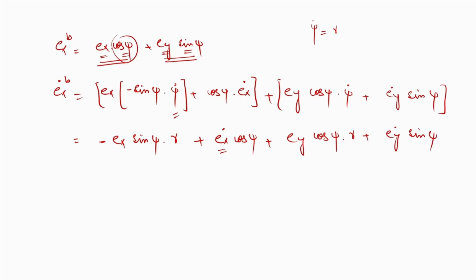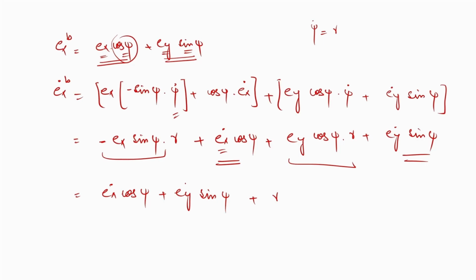Now let's rearrange these terms together, with this r. So this becomes ex dot cos of psi plus ey dot sine of psi, and this will become plus r times minus sine of psi plus ey, and this one becomes cos of psi.